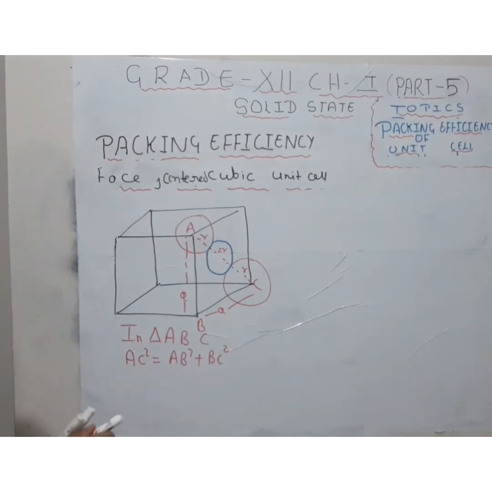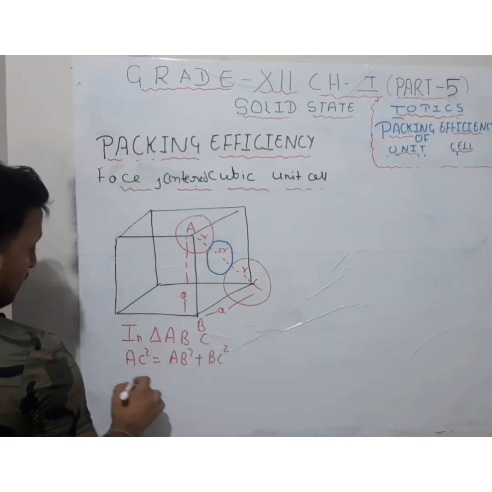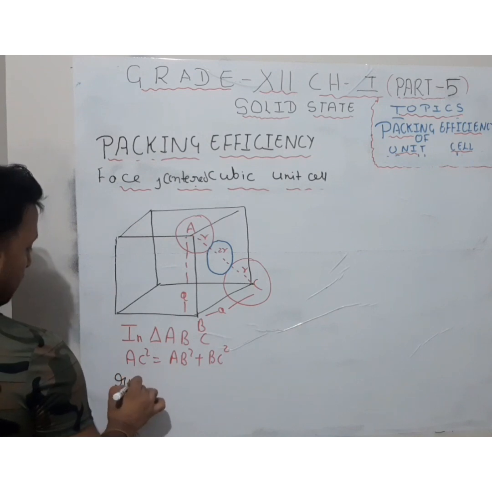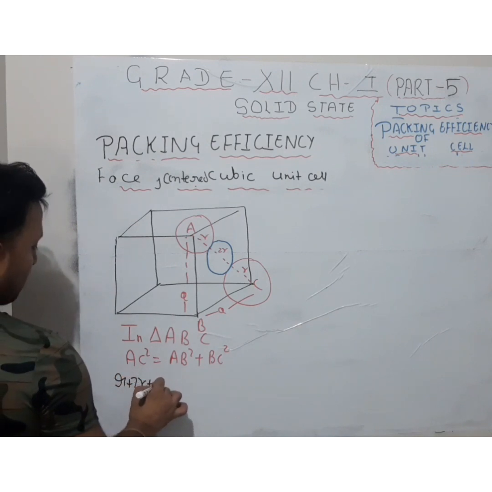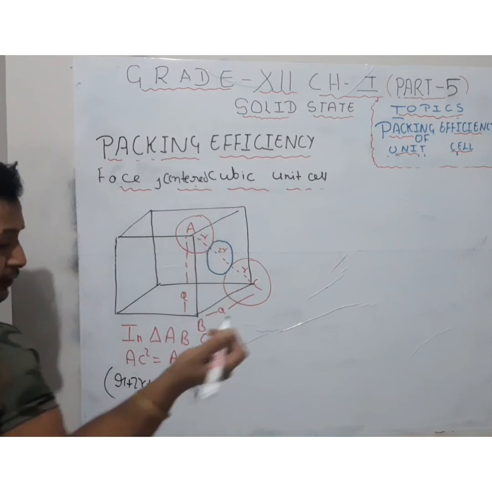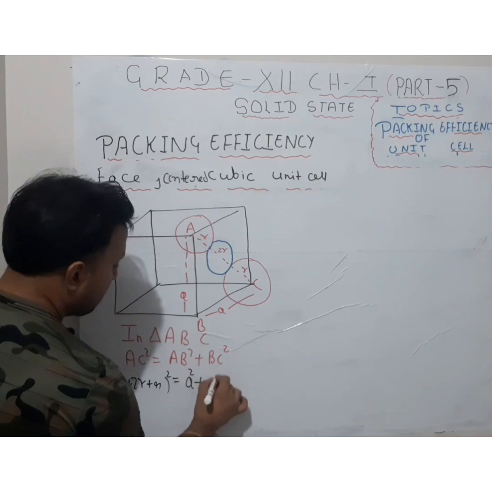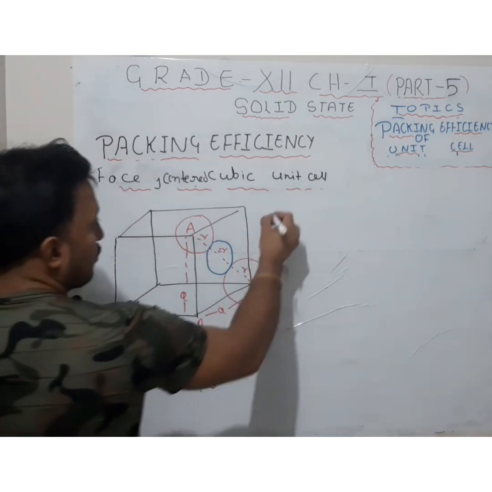Now students, as you can see, the value of AC will be equivalent to R plus 2R plus R, that is R plus 2R plus R whole square, and AB and BC are the edges, so their value will be a only, that is a square plus a square. Okay. So what will it become?